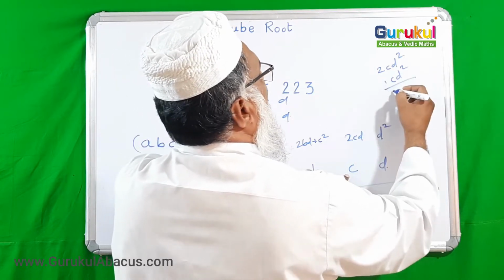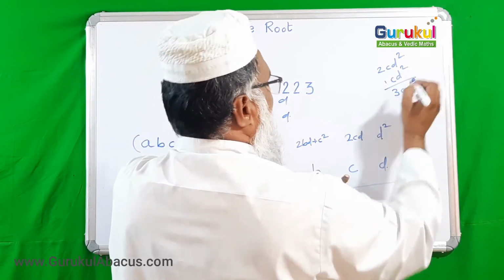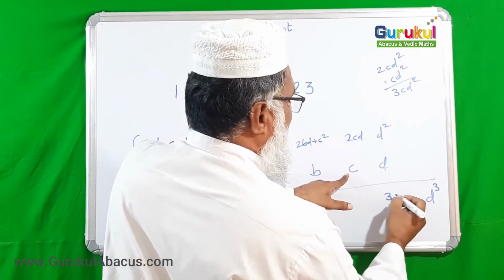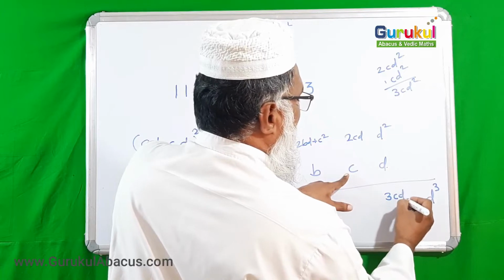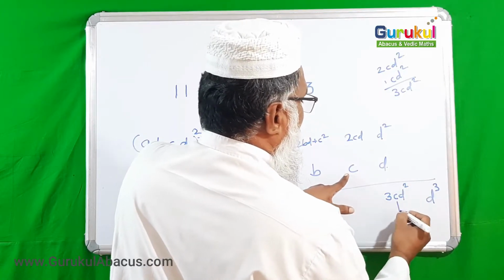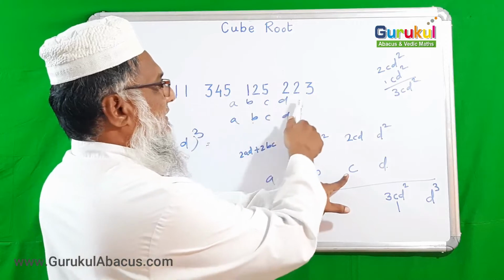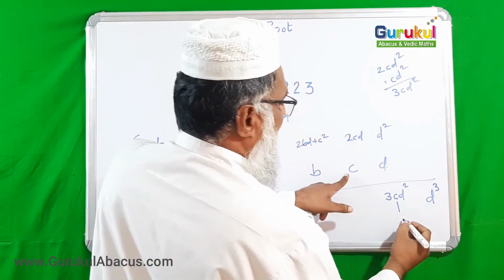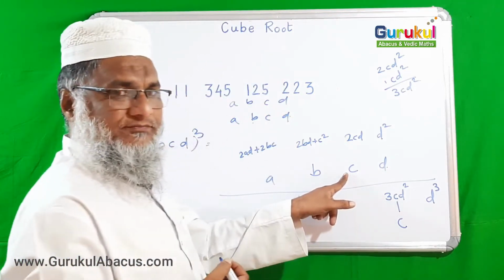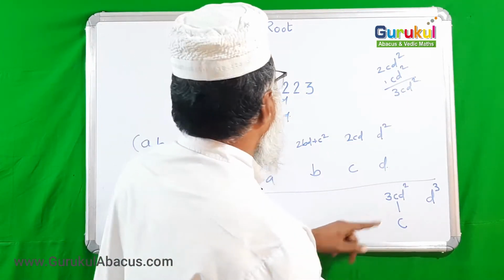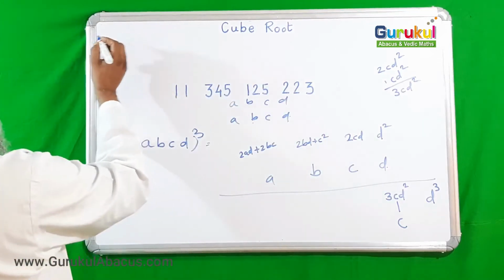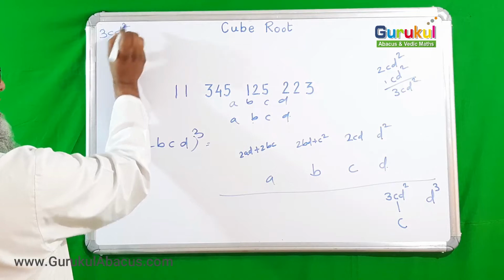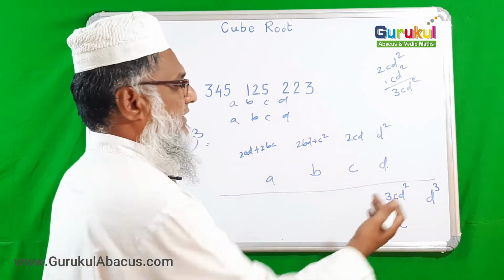Totally we have got 3cd square, which I want to write here as the second term. Whenever we are finding the c in this a, b, c, d, we would require this much. This term, 3c d square, is very important for us, and I want to write it first here.